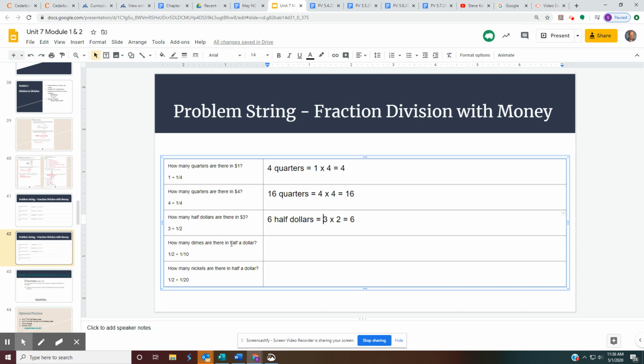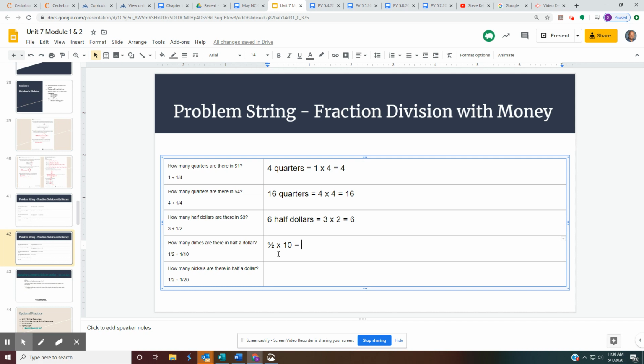So how many dimes are there in a half a dollar? That's a good question. So I don't change that one, right? But I am multiplying that by 10. So think of a half dollar, right? That's 50 cents. How many dimes would that be?